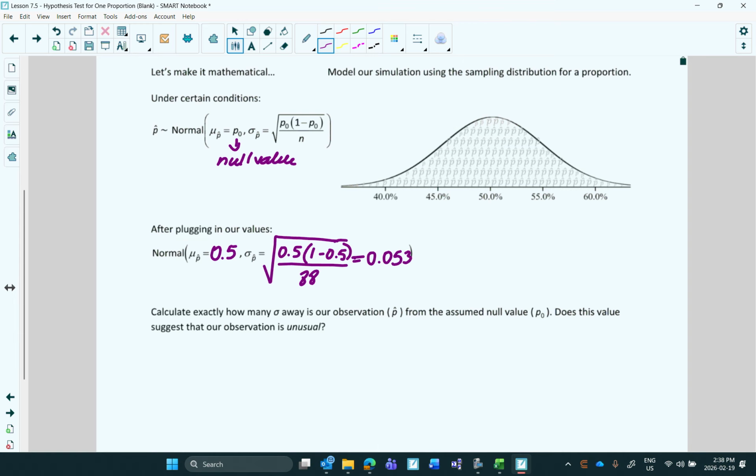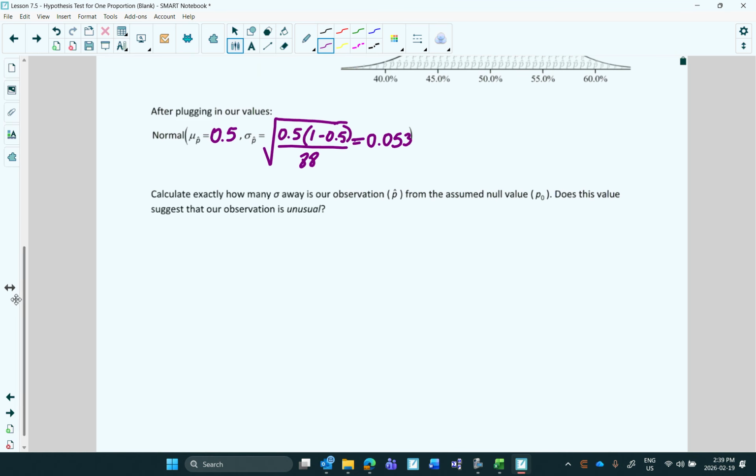And remember, we'll talk about the conditions we have to meet, because they're the same conditions we did before. So we've got the mean of the sampling distribution of the sample proportions, and we've got the standard deviation or standard error. We know that it's normal, which means we can calculate the probability of getting 56% home team wins or greater.